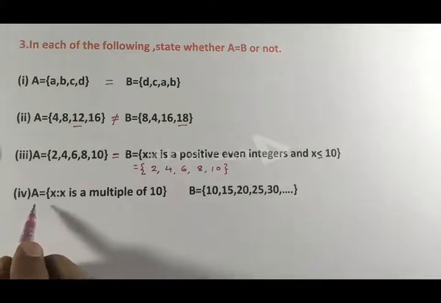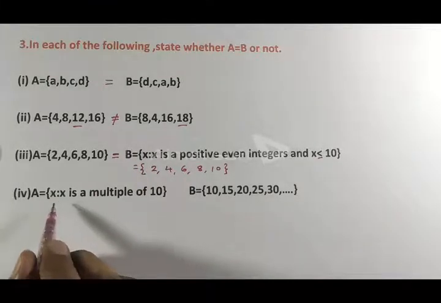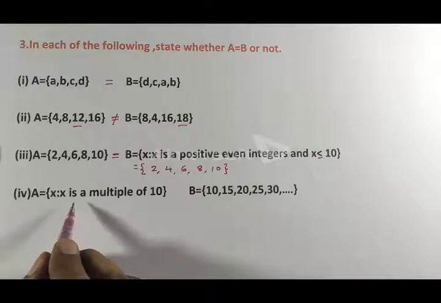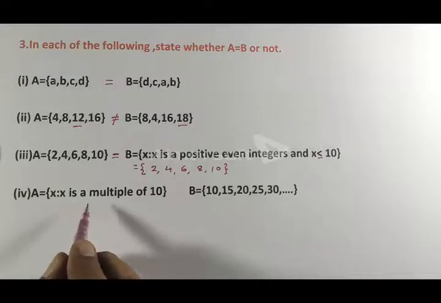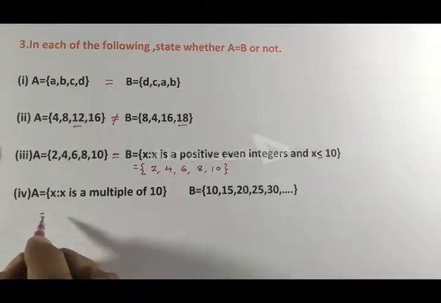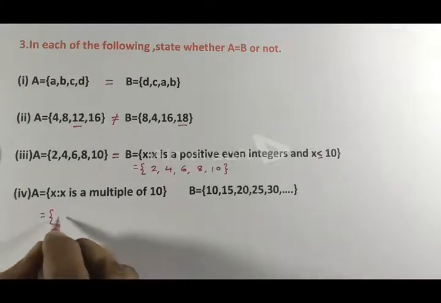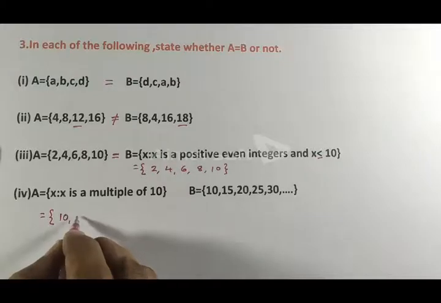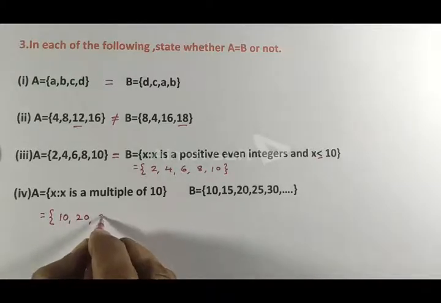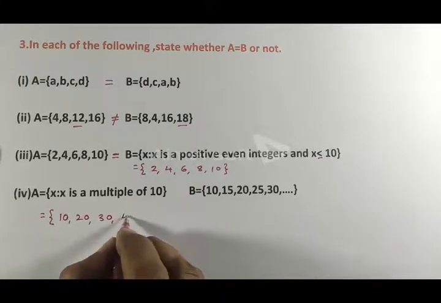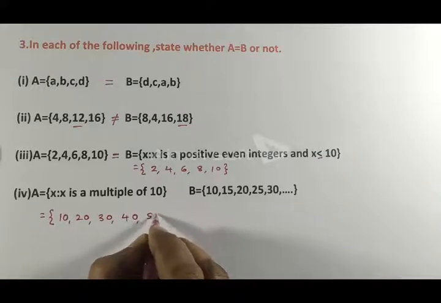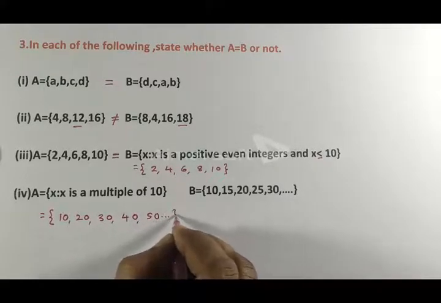Fourth one, A is equal to {x such that x is a multiple of 10}. This is in the set builder form. I will write in the roster form first. The multiples of 10 are 10, 20, 30, 40, 50 and so on.